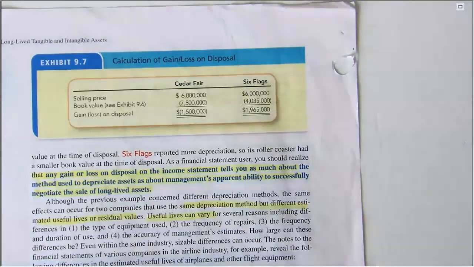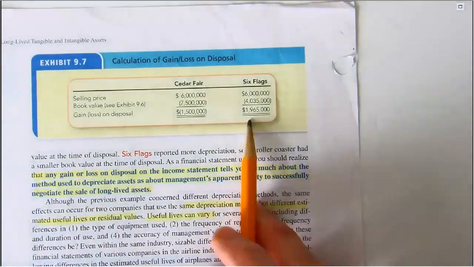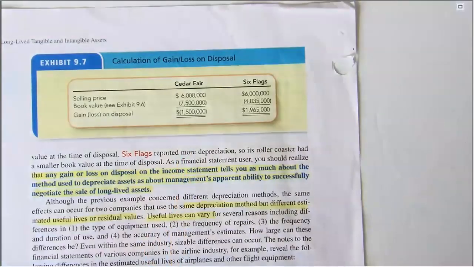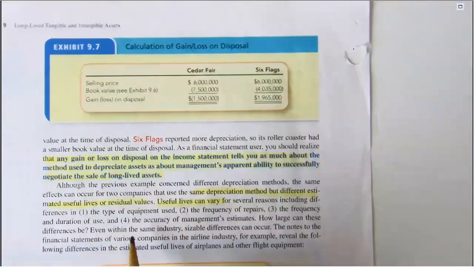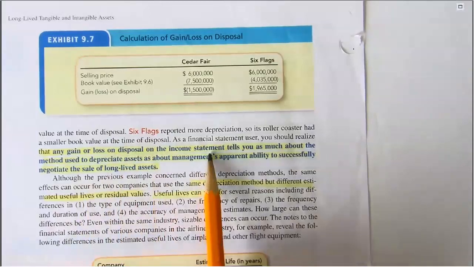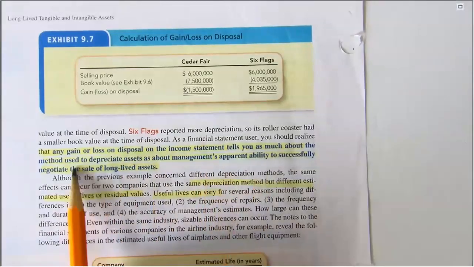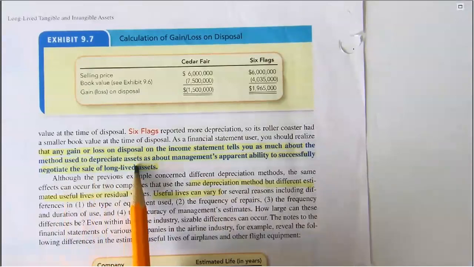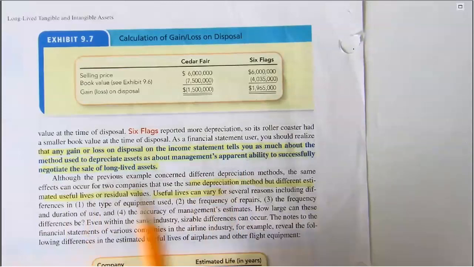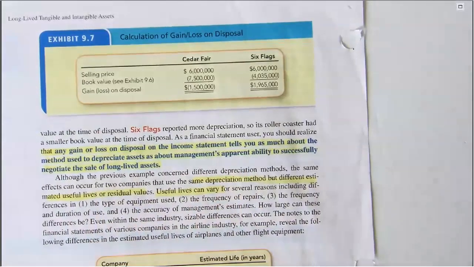So on the income statement, you're going to see a gain for Six Flags and you're going to see a loss for Cedar Fair. So this just points out any gain or loss on disposal on the income statement tells you as much about the method used to depreciate the assets as about the management's ability to successfully negotiate the sale.